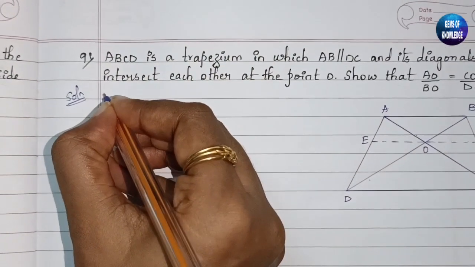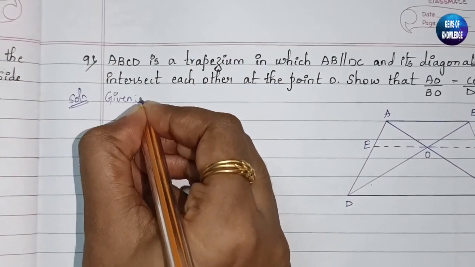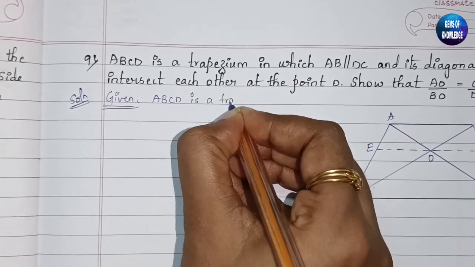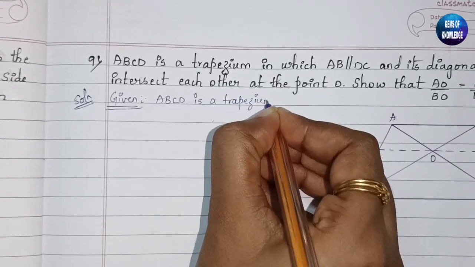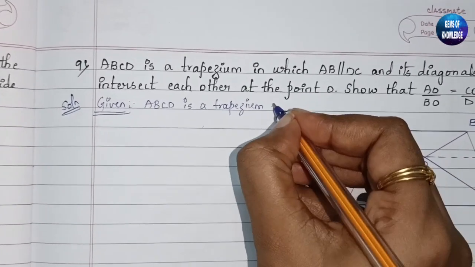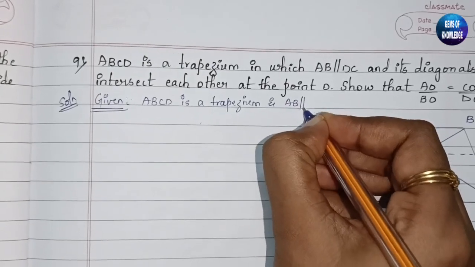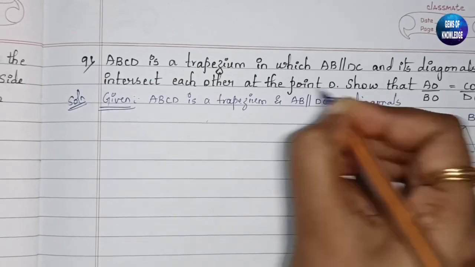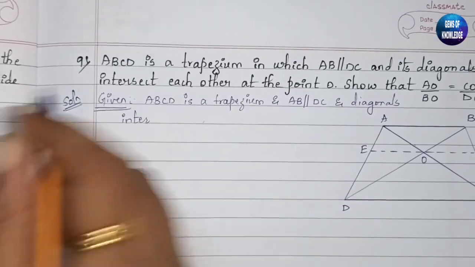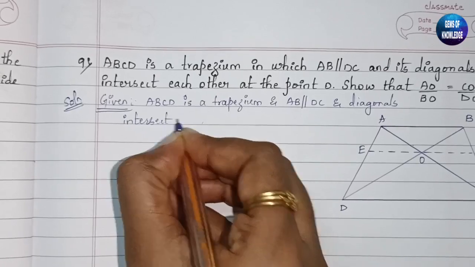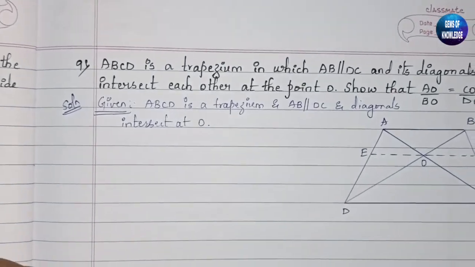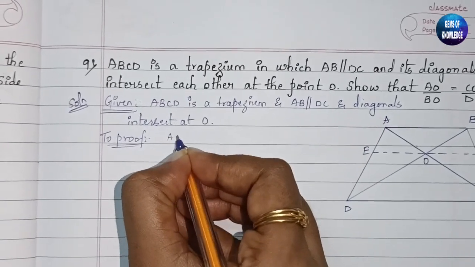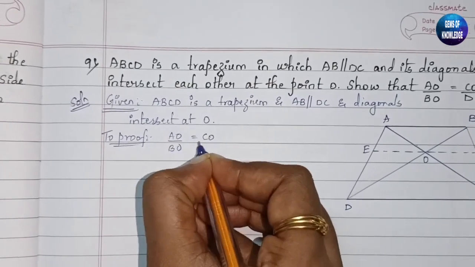Let me write here what is given. Given: ABCD is a trapezium, AB is parallel to DC, and the diagonals intersect at O. To prove: AO by BO is equal to CO by DO.